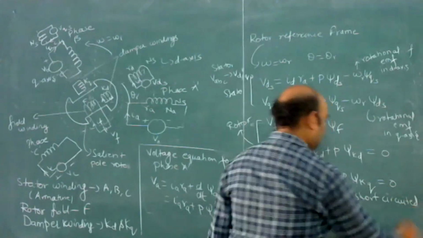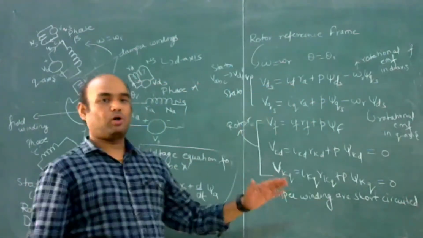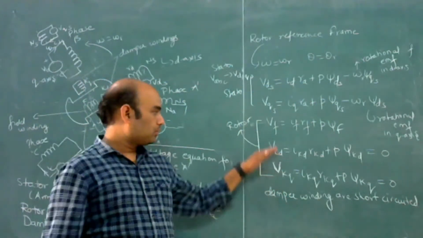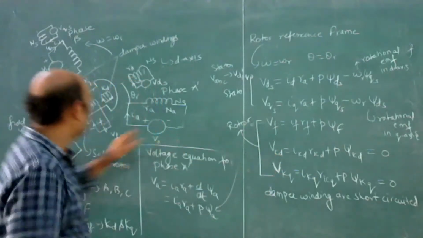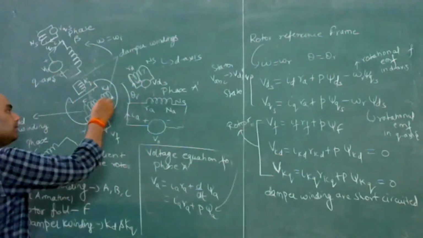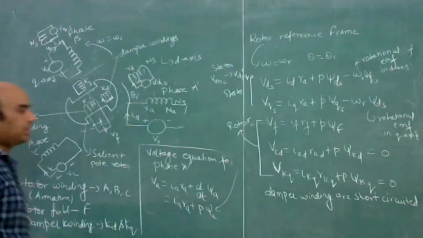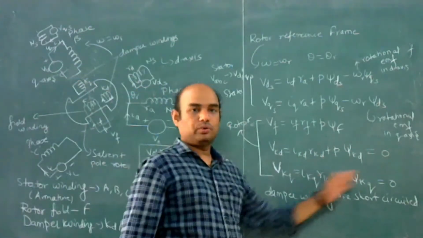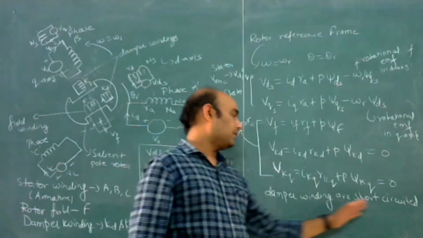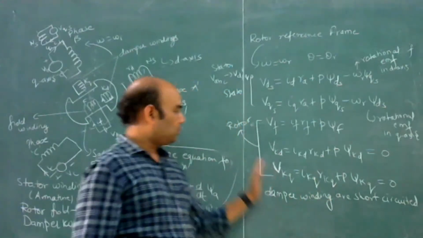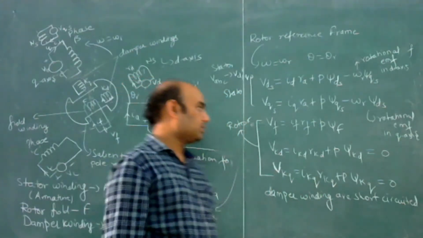Okay. So these are only meant for the damping of the oscillations. So these two will be equal to 0 as damper windings are short circuited, which are used to damp out the oscillations. Okay.